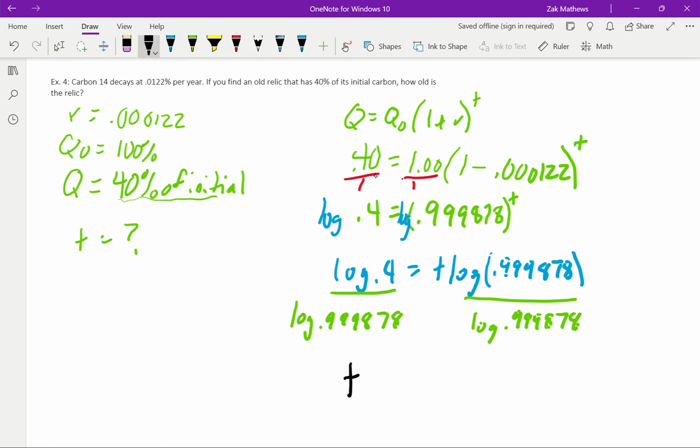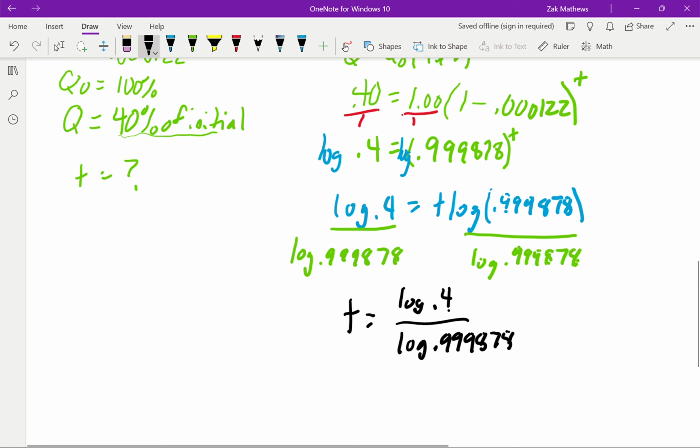So in the calculator, I'm going to type in log of 0.4 divided by log of 0.999878. So in your calculator, you do have to find the log button. We are going to have to use that button. It just says log and then type in the number.